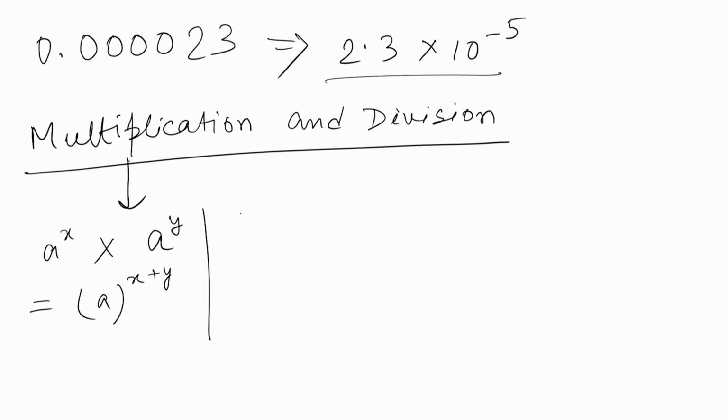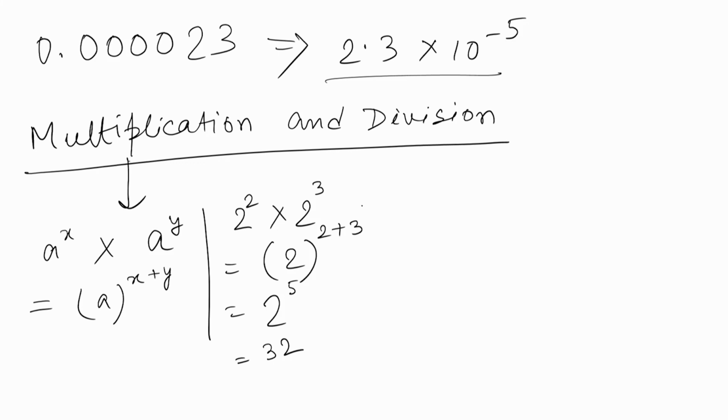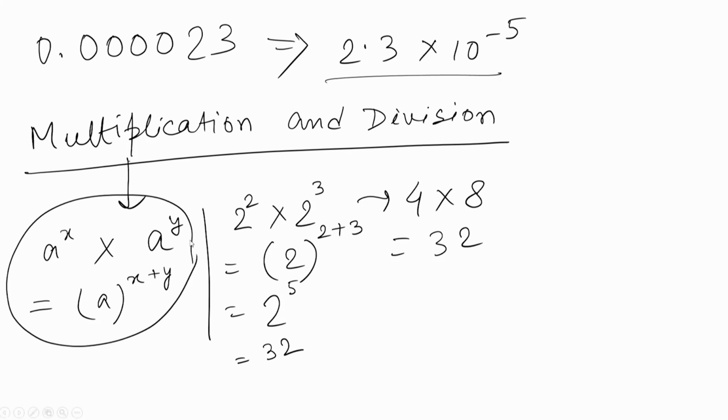So if we have 2 to the power 2 into 2 to the power 3, we can write this as 2 to the power 2 plus 3, that is 2 to the power 5. Let's match it. 2 to the power 5 is 32. Now if we multiply it separately, 2 to the power 2 is 4 into 2 to the power 3 is 8. So 4 into 8 is 32. So this is the method for multiplication of indices.